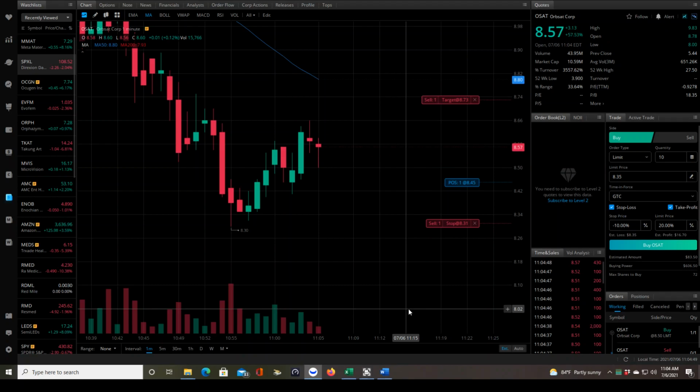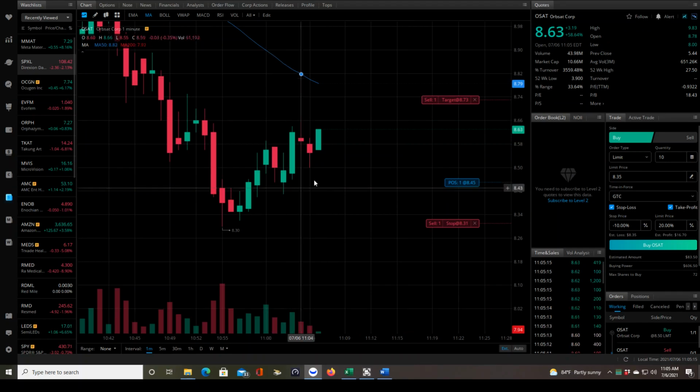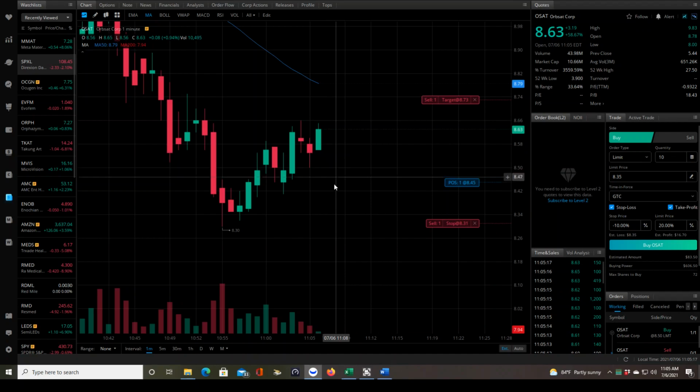So price is obviously pulling back again. That was interesting. If you saw, the bottom of the body of that candle kind of popped up a little bit.